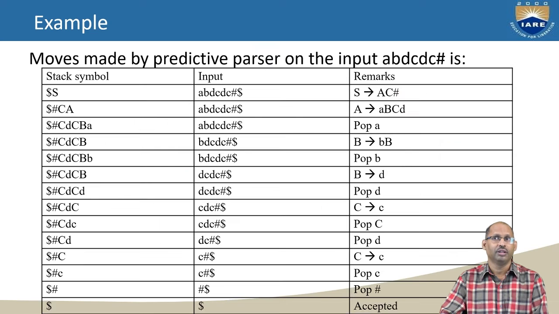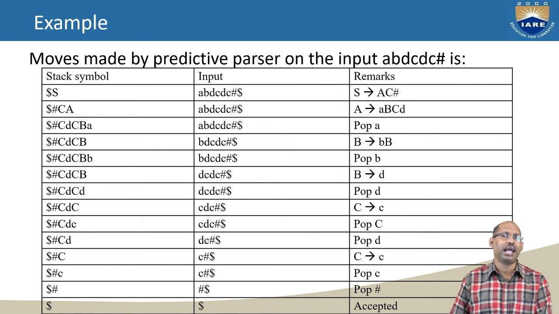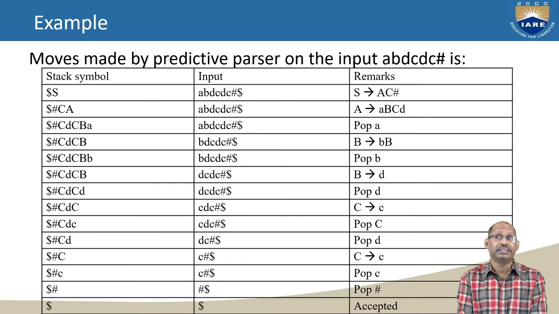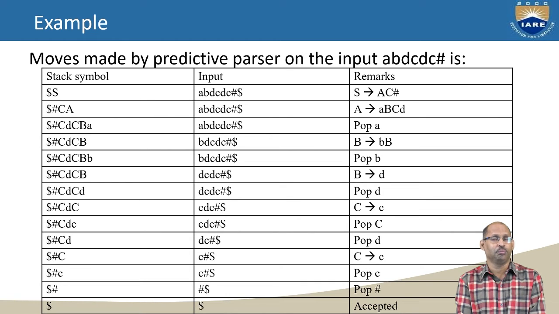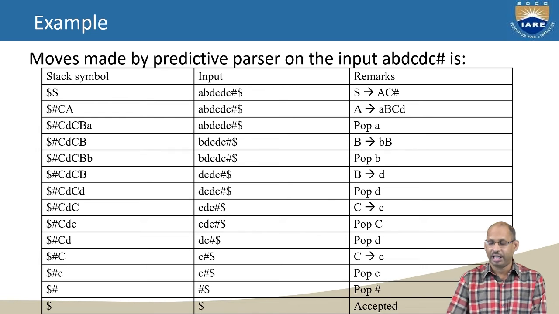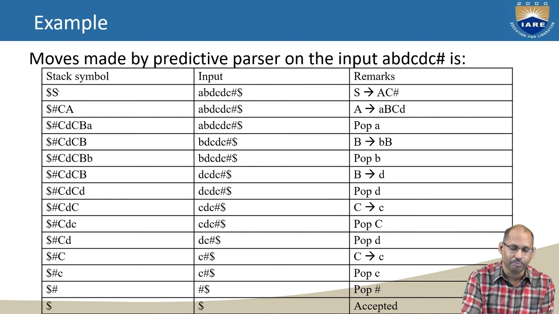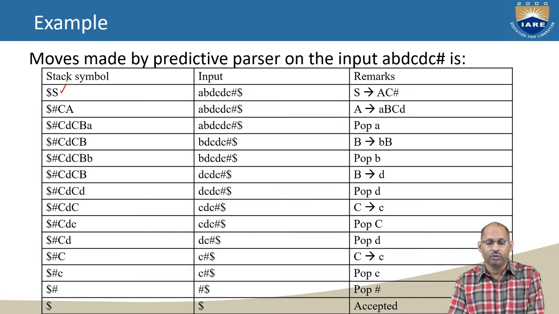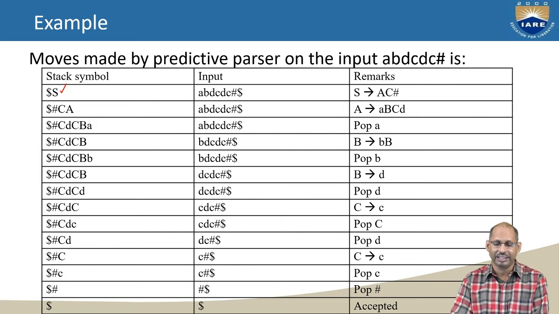Now this is an example for checking the input symbol ABDCDC hash. The stack has the end symbol $, and we take the start symbol S. Now the input is ABDCDC hash.